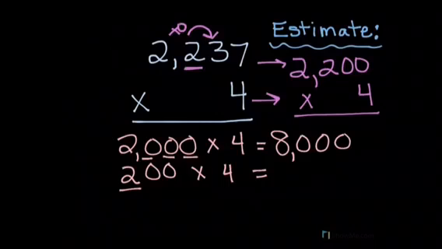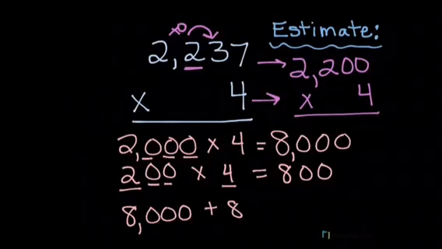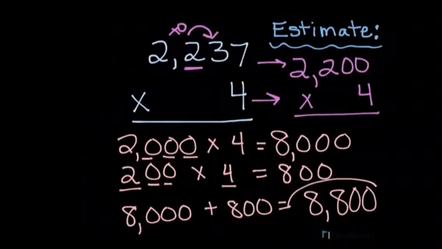Here I have 2 times 4, which is 8, but I only have 2 zeros. 200 times 4 is 800. Now I just add 8,000 plus 800, which gives me my estimate of 8,800.